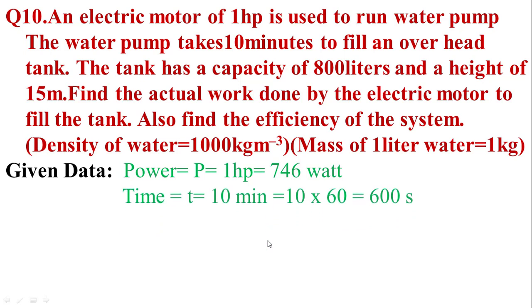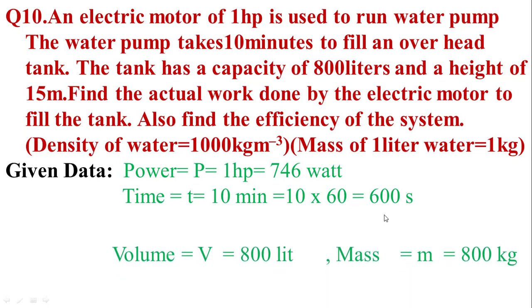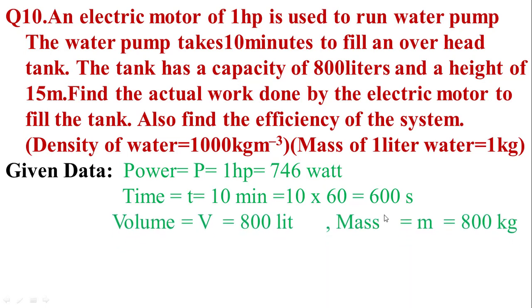Now convert into seconds. So 10 multiplied by 60 is equal to 600 seconds. Volume V is equal to 800 liters. So mass m is equal to 800 kg. Similarly, 1 liter is equal to 1 kg and height h is equal to 15 meter.